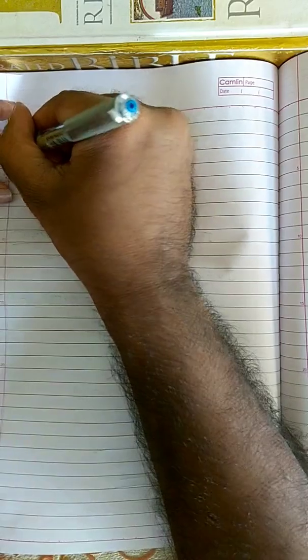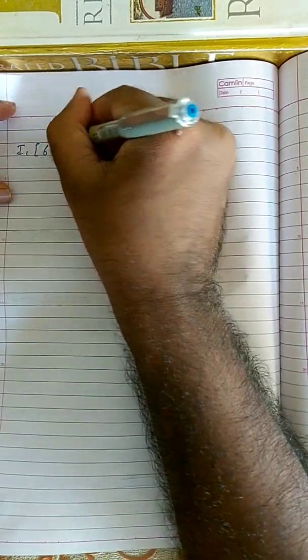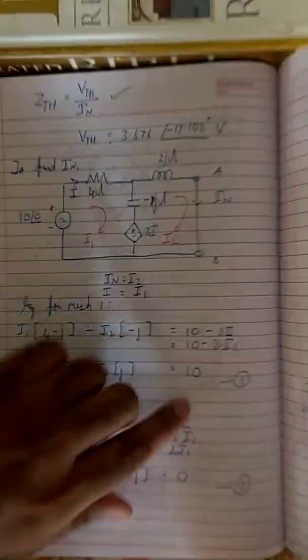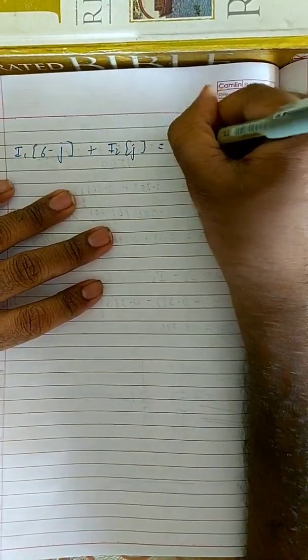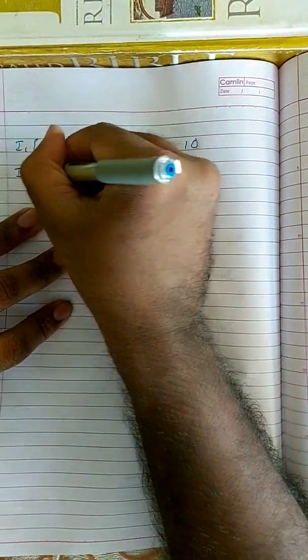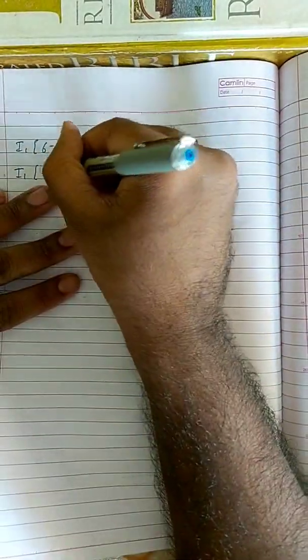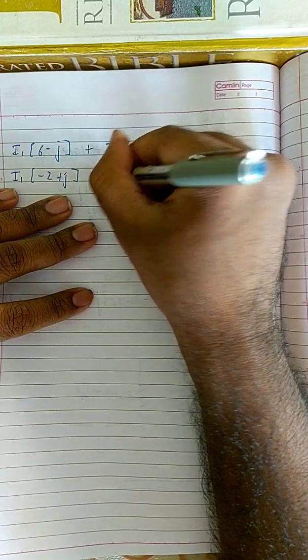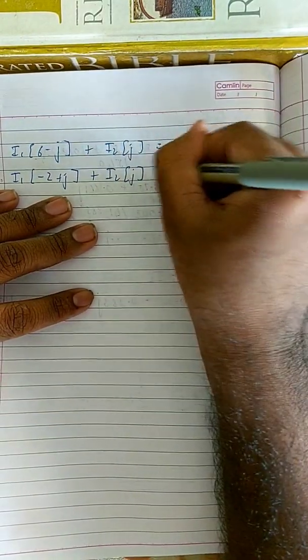Here it is I1 into 6 minus j plus I2 into j is equal to 10, and here you have I1 into minus 2 plus j plus I2 into j is equal to 0.